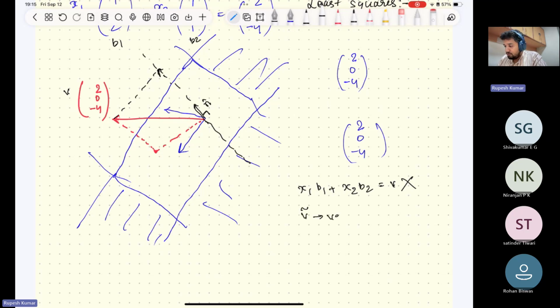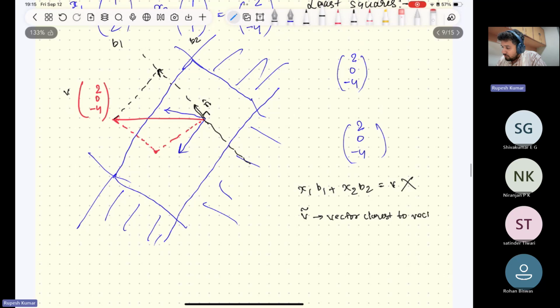This is the vector closest to vector V in the plane spanned by B1 and B2.